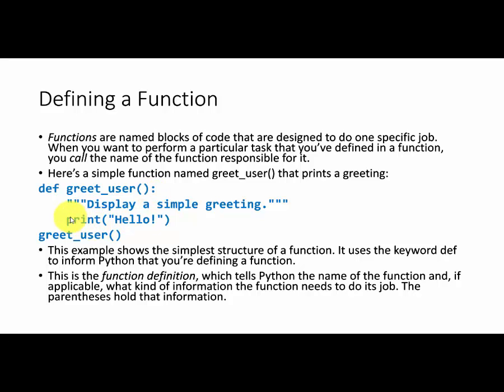Then come down, give proper indentation, and the next line is a comment, which we discussed in lecture 1 and 2. This is the docstring. If you enclose the string in triple quotes, it is not going to be displayed in the console. Then there is a print statement where you pass the string hello. This is my definition.